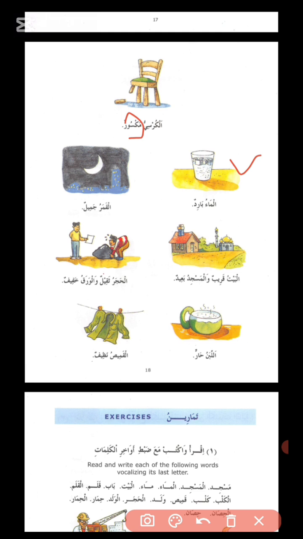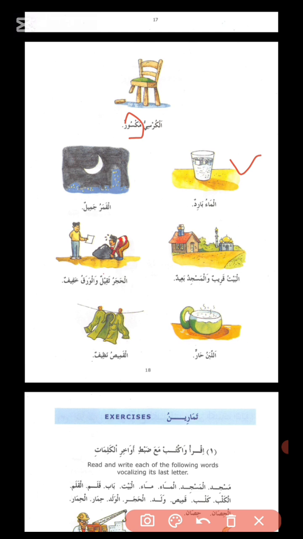Jamilun, beautiful. Al-baytu qaribun, the house is near. Wal-masjidu ba'idun, and the mosque is far away. Ba'idun, far away. Al-hajaru thaqilun, the stone is heavy. Wal-waraqu khafifun, and the page is light.